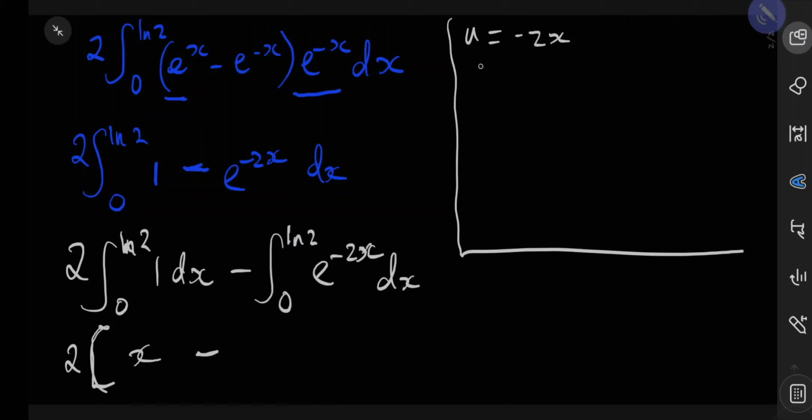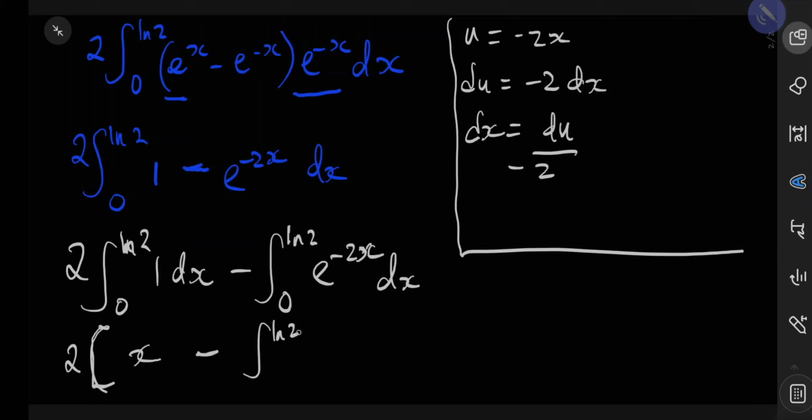So if our u is minus 2x, it means that du is minus 2 dx. And if du is minus 2 dx, it means that our dx can also be written as du all over minus 2. Right, so here we are going to have this.